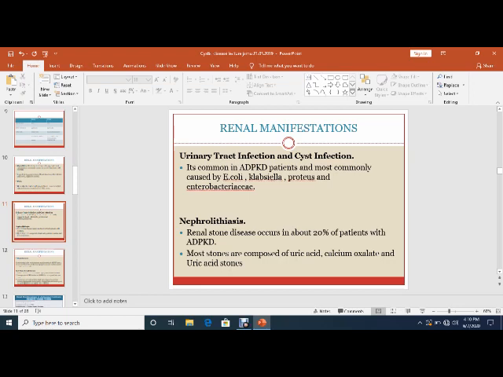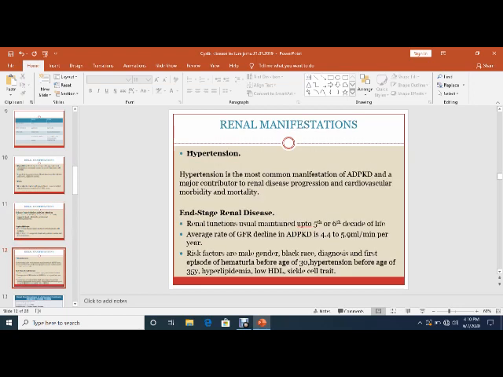Nephrolithiasis, that is stone formation, occurs in 20% of patients. The types of stones, uric acid stone and calcium oxalate stone, may occur in polycystic kidney disease.